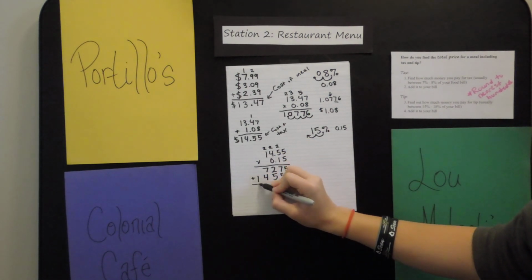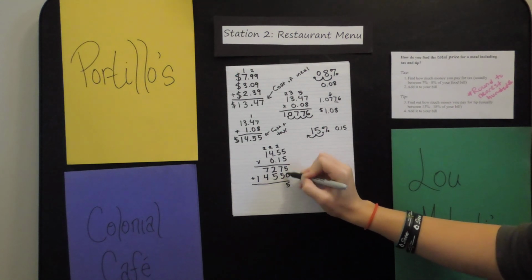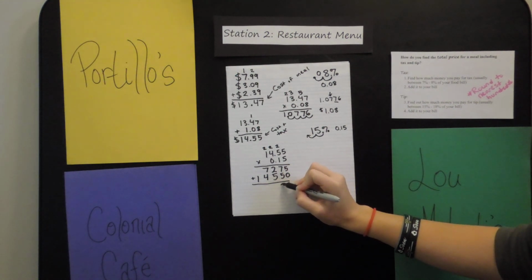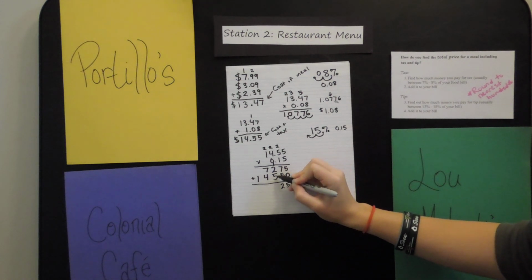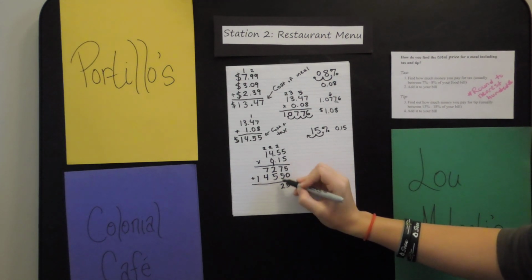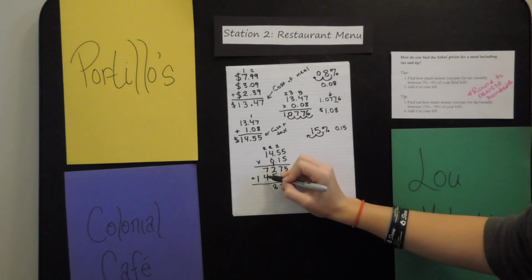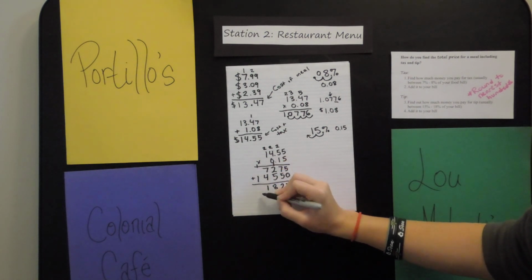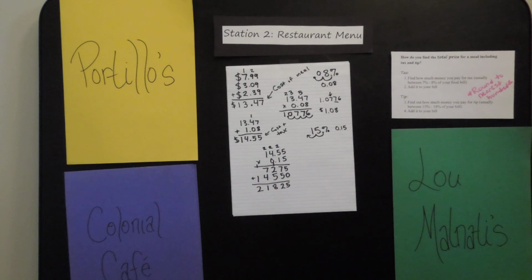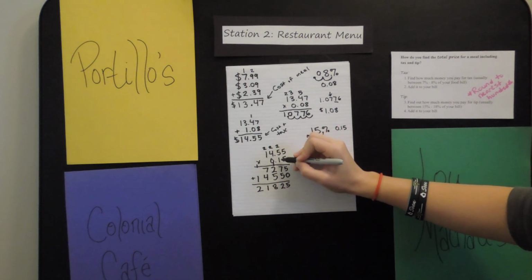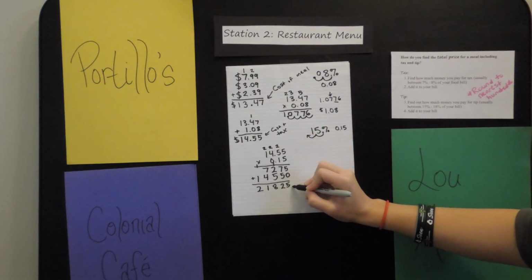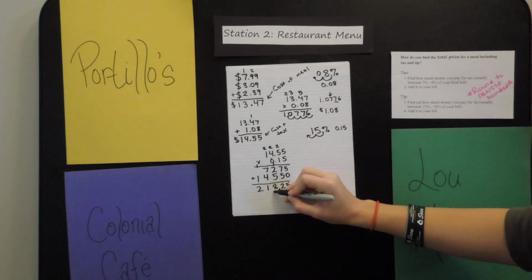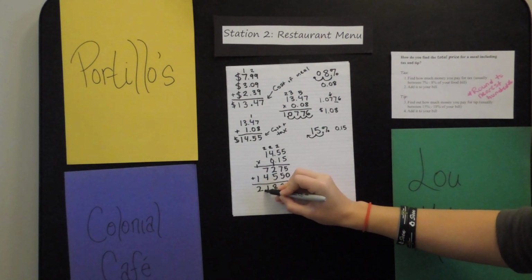Then we'll add those together and get 5. 7 plus 5 is 12, so we'll carry the 1. 5 plus 2 is 7, plus 1 is 8. 4 plus 7 is 11, and 1 plus 1 is 2. So now we have 4 numbers after a decimal, so we'll go 1, 2, 3, 4.